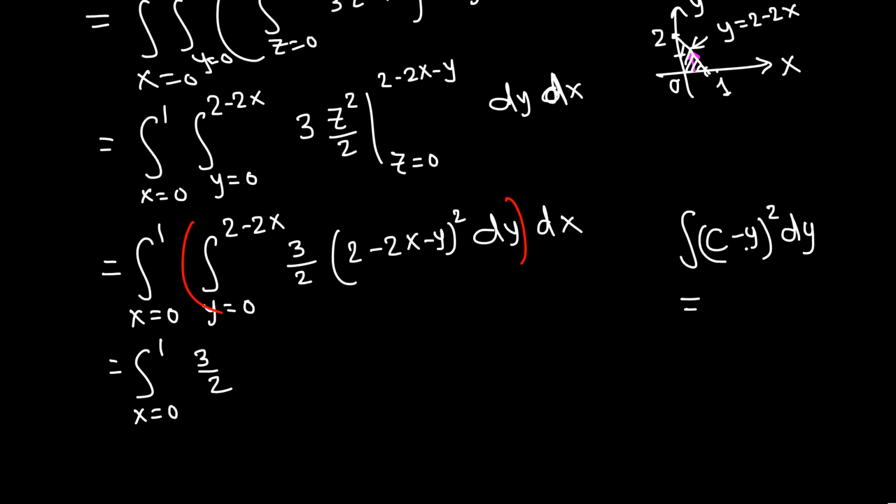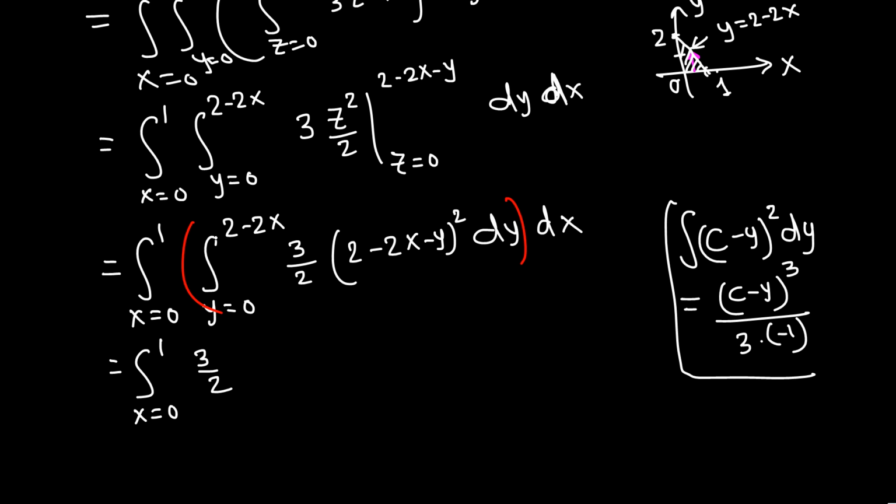You can go for u substitution, but the easiest would have been, since the derivative of this is negative 1 dy, we can just say c minus y from power rule, 3 divided by 3 times the coefficient of y, which is negative 1. Okay, so I'm going to use this fact.